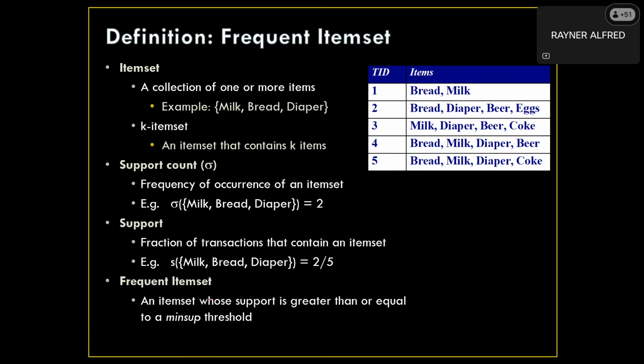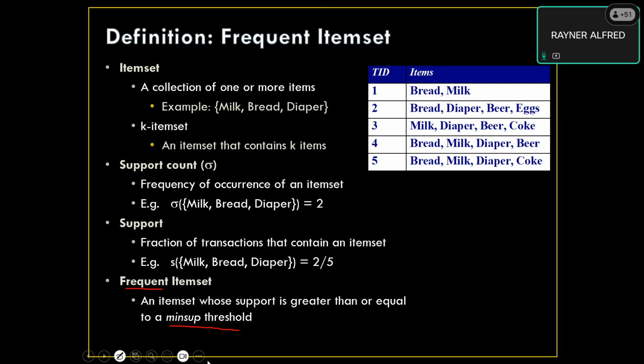We also have the frequent item set, and we need to define what is frequent here. This is the threshold. Normally we will set 2 or 3 or 5 depending on the characteristic of our data set. A frequent item set is an item set whose support is greater than or equal to the minimum support threshold, which is set by the user.